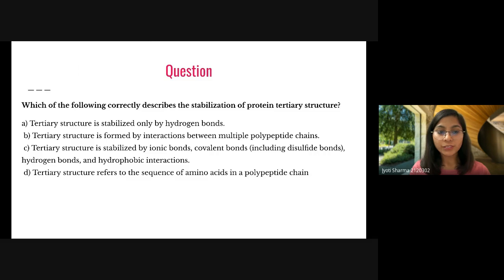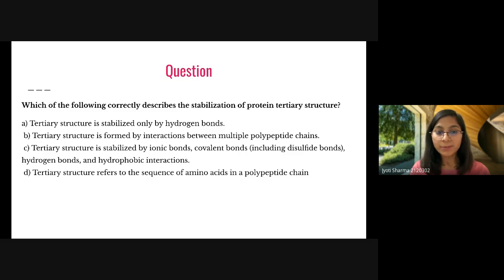So the first question is, which of the following correctly describes the stabilization of protein tertiary structure? Let me tell you that protein has four kinds of structure: primary, secondary, tertiary, and quaternary structure. This question is based on the tertiary structure, so you have to tell me how it gets stabilized. I have four options.